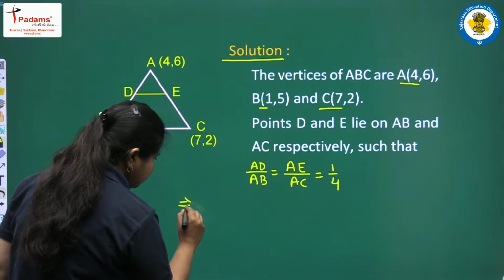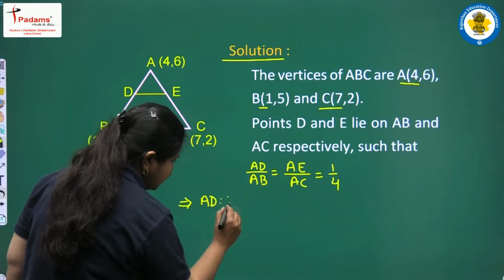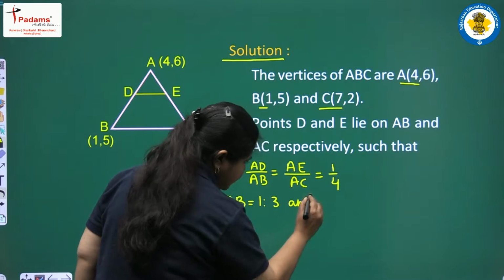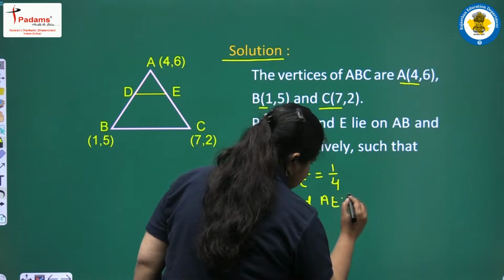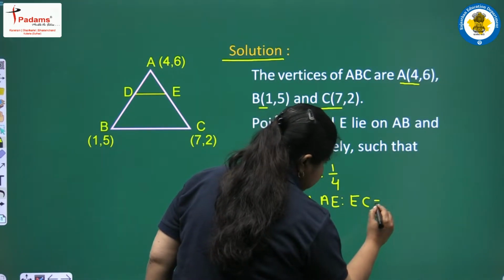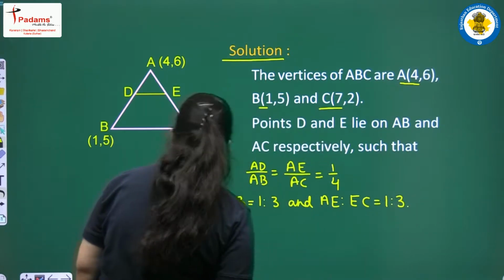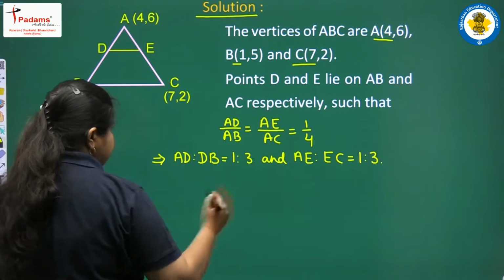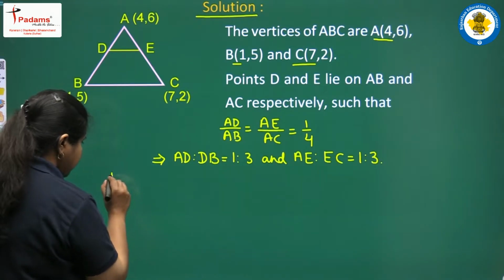Now this ratio implies that AD is to DB is equal to 1:3 and AE is to EC is equal to 1:3. Now by using the section formula we can easily find the coordinates of D and E.